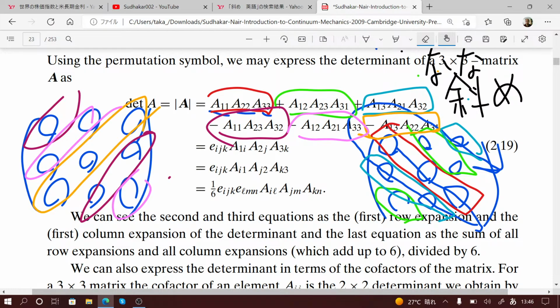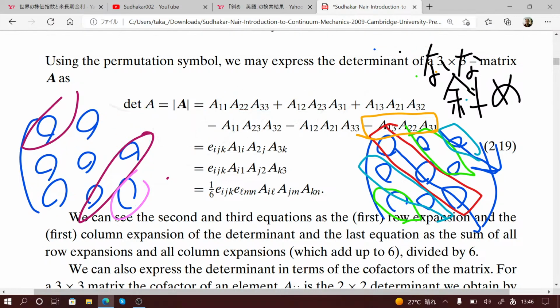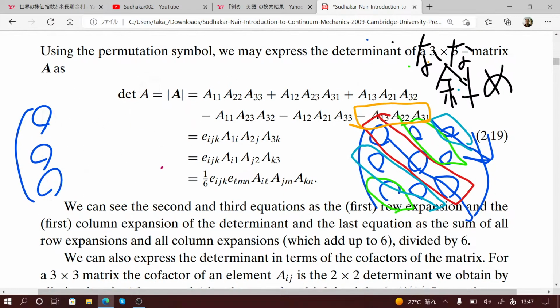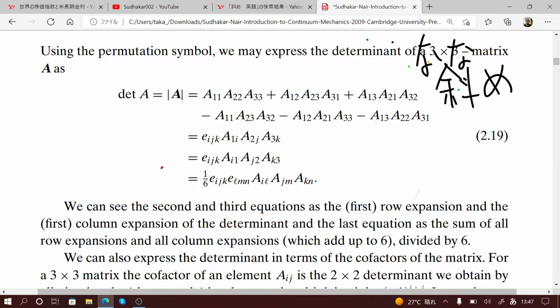So then if you see, okay, let me delete this, and you see i: 1 2 3, 1 2 3, 1 2 3. So here everything is 1 2 3, 1 2 3, 1 2 3, right?